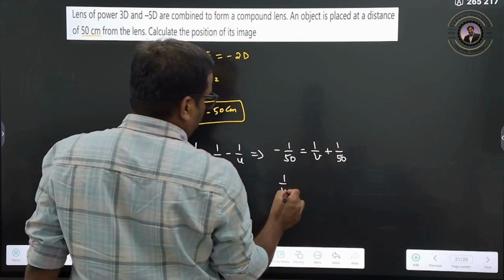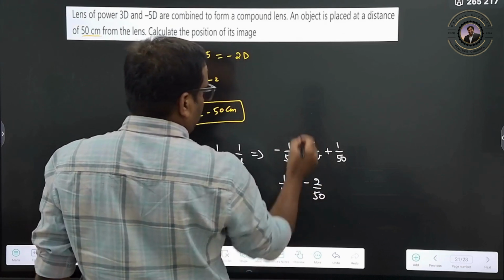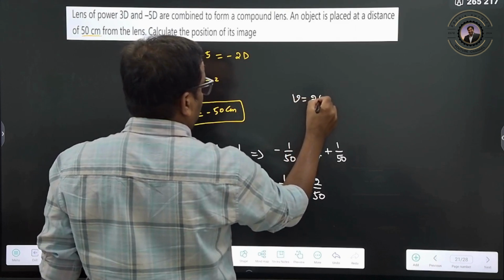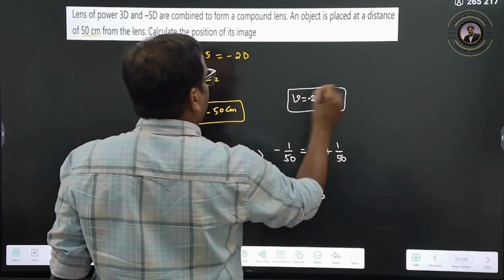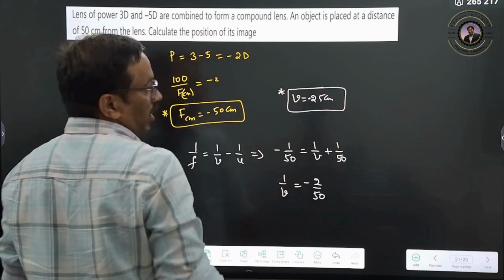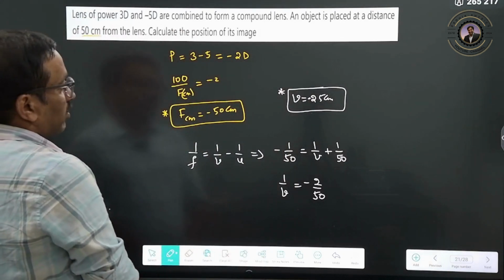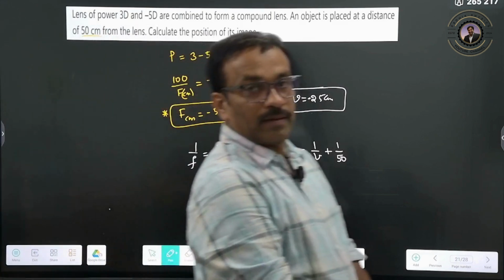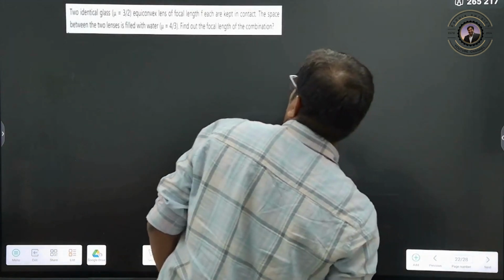So 1 by v is equal to minus 2 by 50. So v is equal to 25 centimeter. Minus means on the same side. So therefore the image distance is at 25 centimeter. Clear? Right? So now let us see one more question.